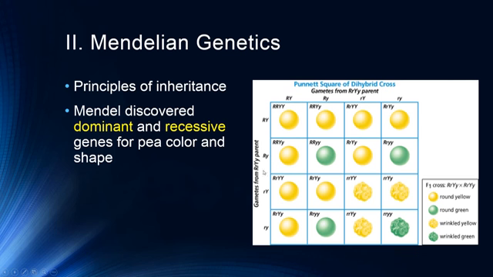Now, when you have homozygous for the dominant round condition, but heterozygous for color, you can see that the green color will occur whenever the recessive green color matches with another recessive green color.